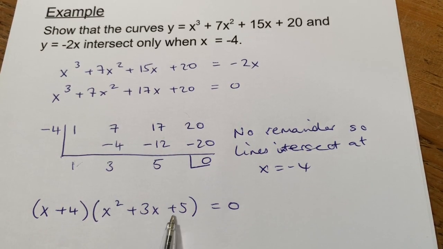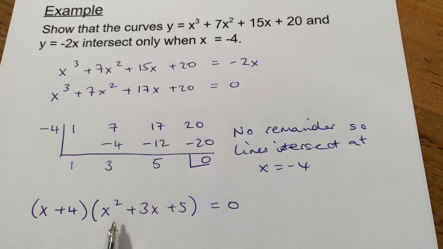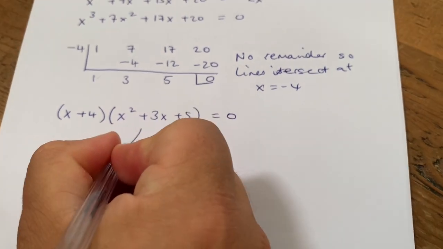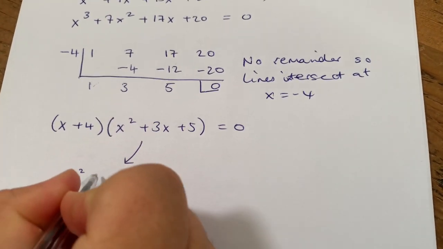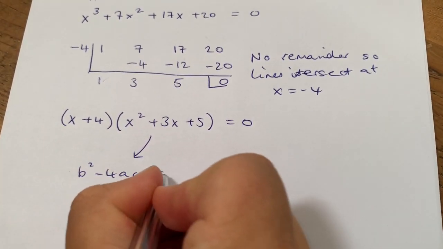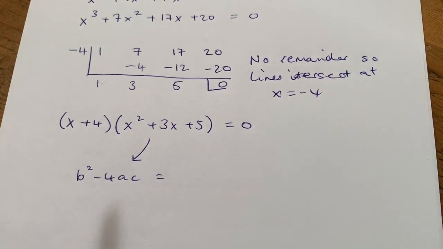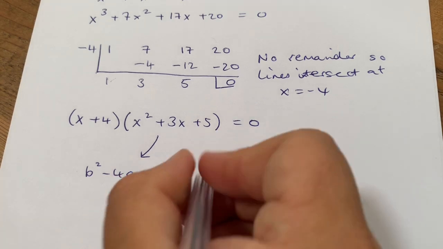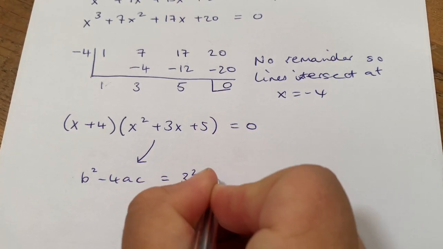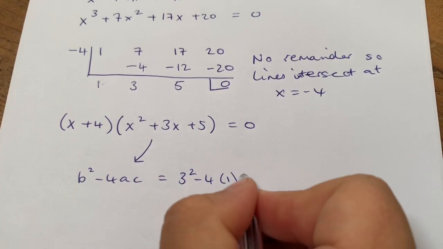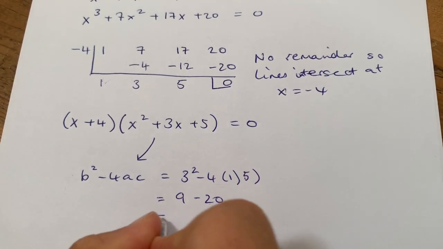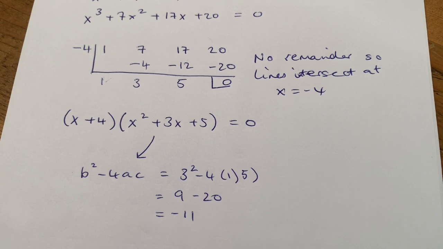So therefore I'm going to use the discriminant to test whether there are any further roots. So I'm going to do b squared minus 4ac, and that should be negative if I can't factorize it further. So my b is 3, take away 4 times 1 times 5. So that's 9, take away 20. So that is -11.